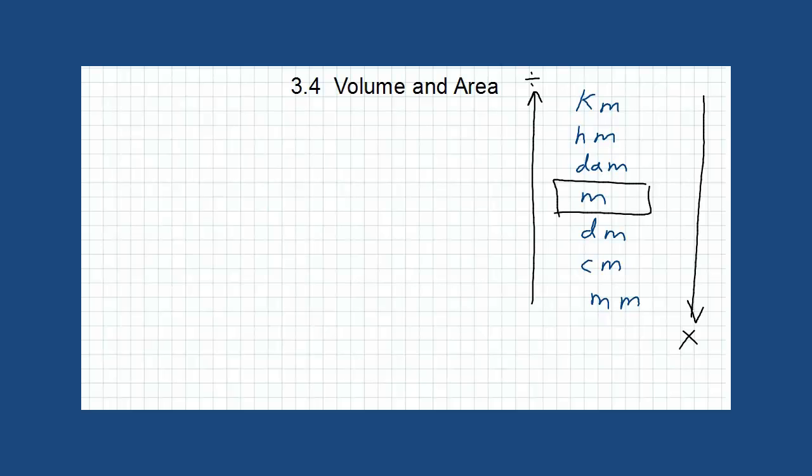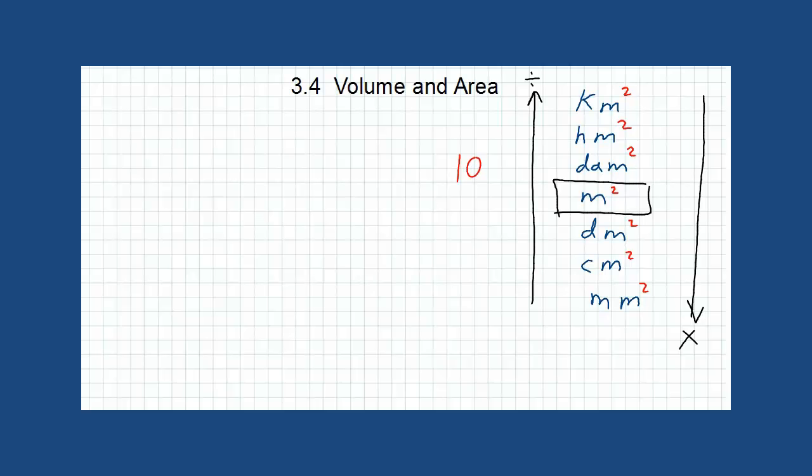And the factor which we are dividing or multiplying with was 10 for every step between these units in front of you. But now we have area units. We have square kilometers, square hectometers, square decameters, square meters, square decimeters, square centimeters, square millimeters.